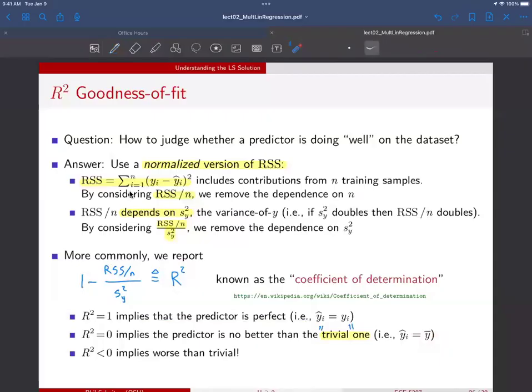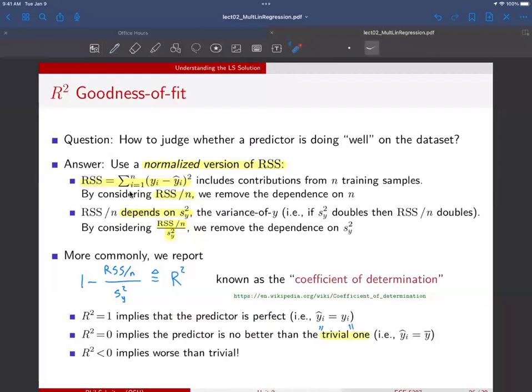So if we call that the trivial predictor, it turns out that this gives an R squared of 0. So it's sort of like another extreme. It's in some sense the worst case extreme for a sensible predictor. And by worst case, I mean maybe the training features that you were given tell you nothing at all about the labels. So no amount of prediction is going to help. And so you might, in that case, see something like R squared equals 0.